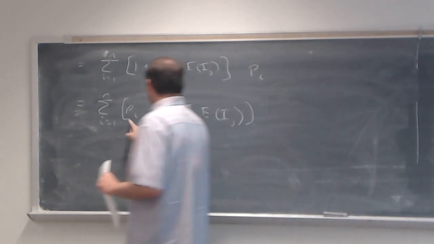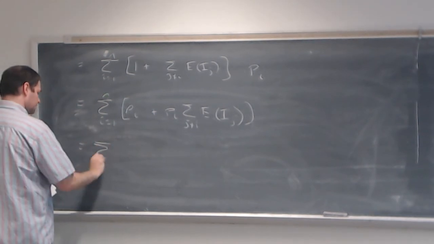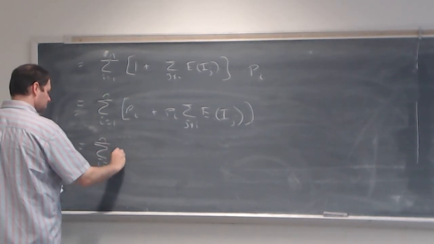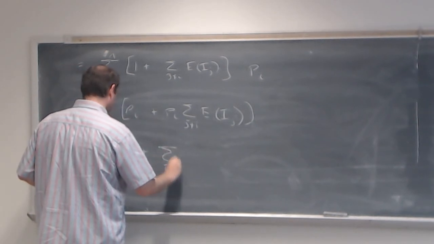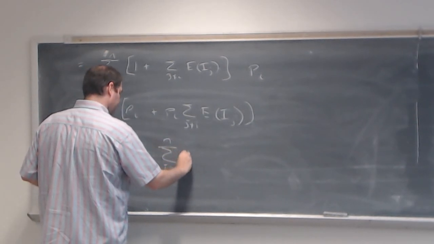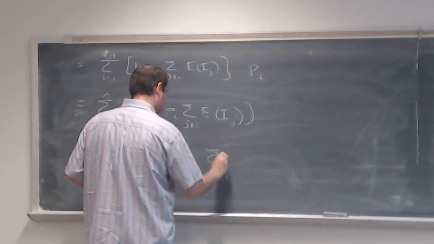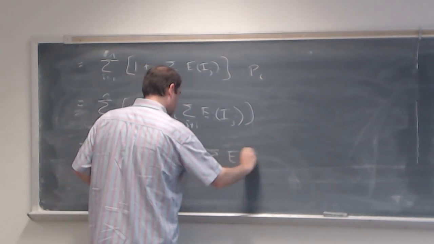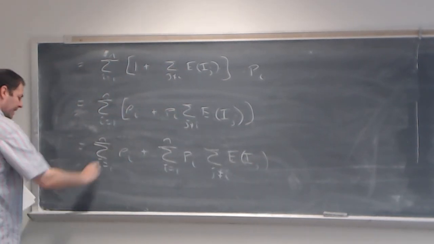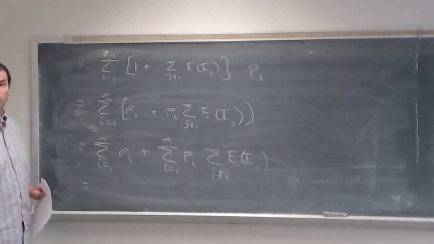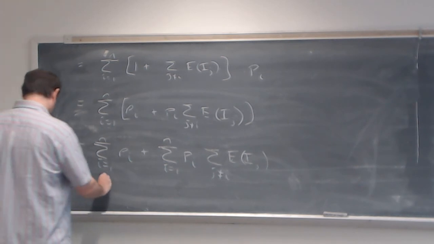That's what we have. This can be broken up into two sums, the sum of the first, sum of the second. And P sub I, here's this sum, E sub I j. This sum I know the answer because it's the sum of all probabilities involved here, and they have to sum up to be 1.